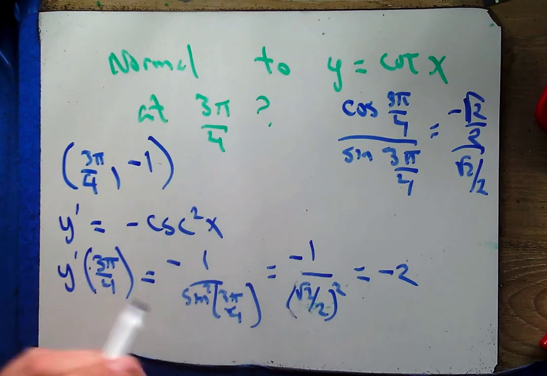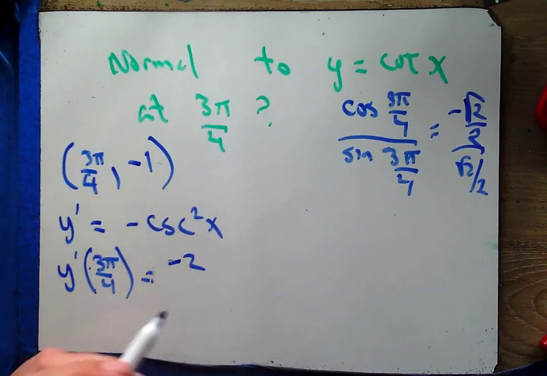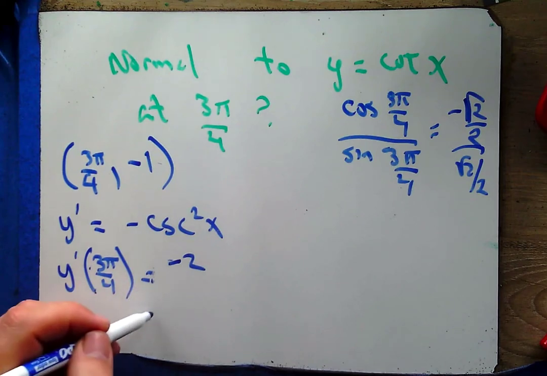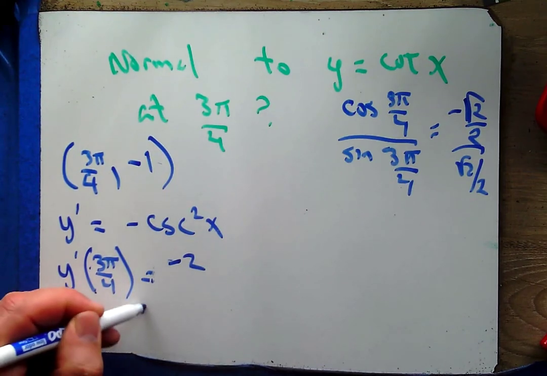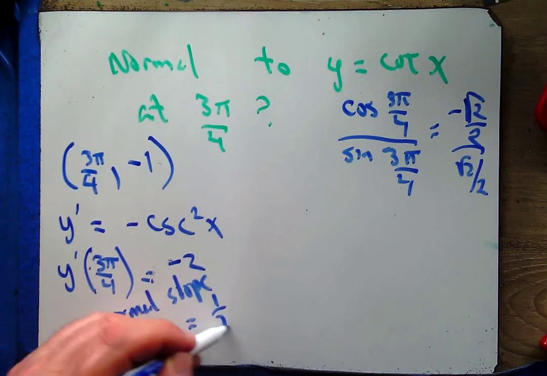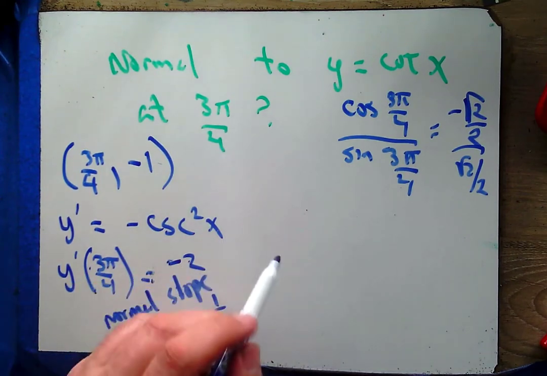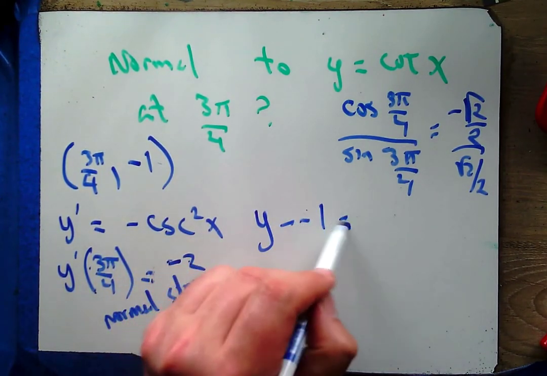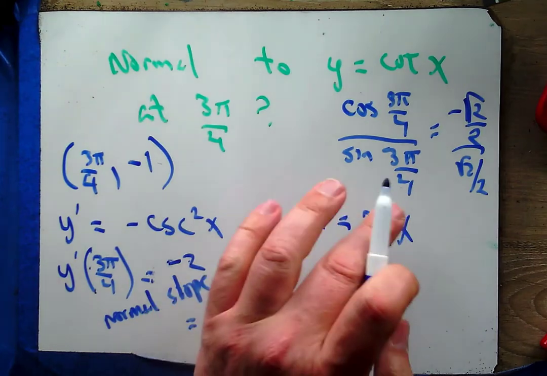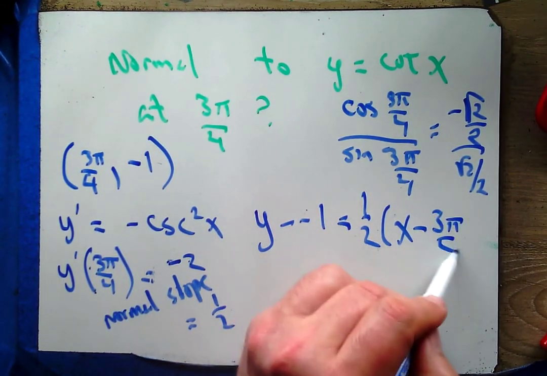So now I know the slope at 3 pi over 4 is negative 2, and writing the equation of the normal, the slope is positive 1/2, right? We want opposite and reciprocal. So y minus negative 1 equals 1/2 times x minus 3 pi over 4.